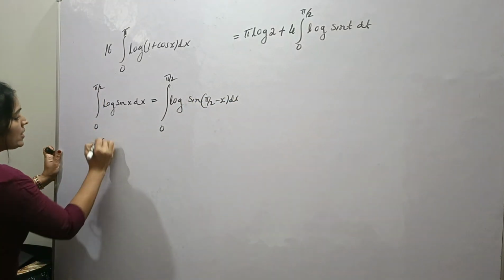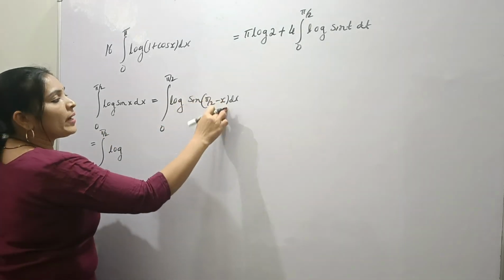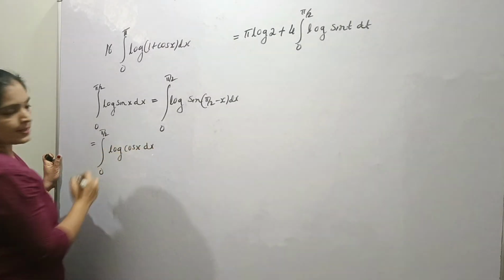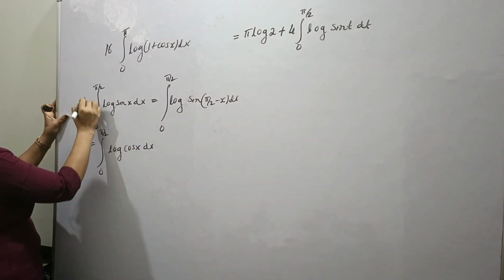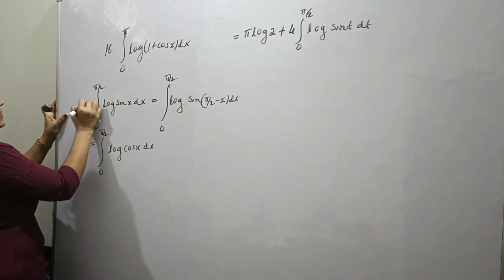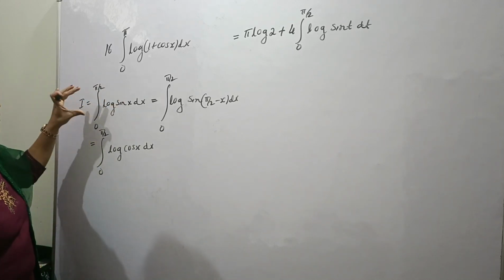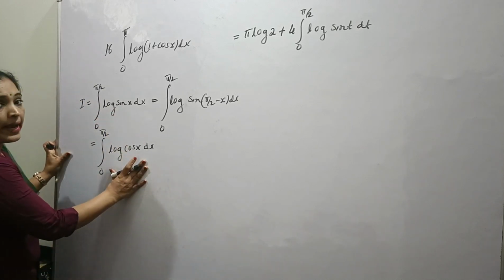That is equal to integral 0 to pi by 2 of log cos x dx, since sin of pi by 2 minus x is cos x. Before that, let us take this integral as I. Let I be equal to integral 0 to pi by 2 of log sin x dx.